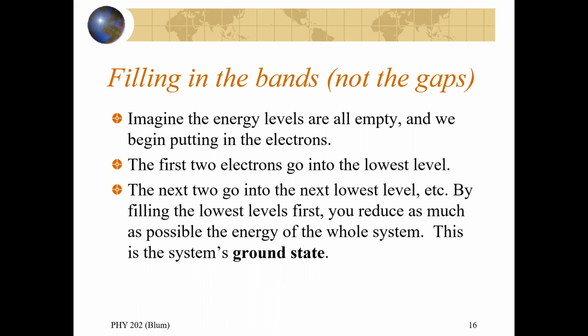That would be the lowest possible energy. Again, all the electrons can't go into the very lowest level because Pauli said so. Pauli said only 2 electrons per level. But we bring in electrons, and we bring in as many electrons as there are positive charges. And if they're all filling the lowest levels they can, given the Pauli exclusion principle, that's what we call the ground state, the lowest possible energy.